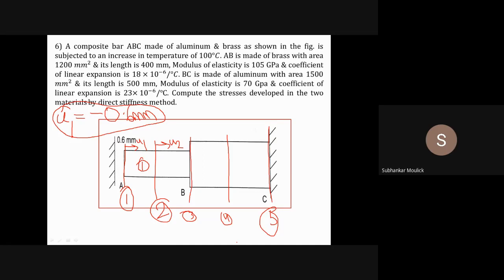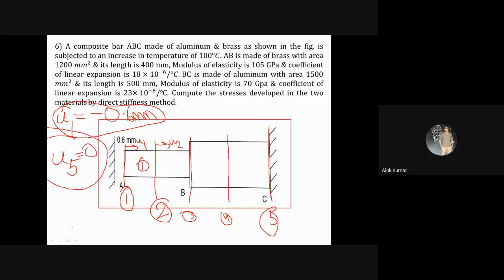One more boundary condition is given in the problem. If node 5 is fixed, then that particular node will not move. If it will not move, then the displacement of node 5 is how much? It is 0 mm. Yes or no?